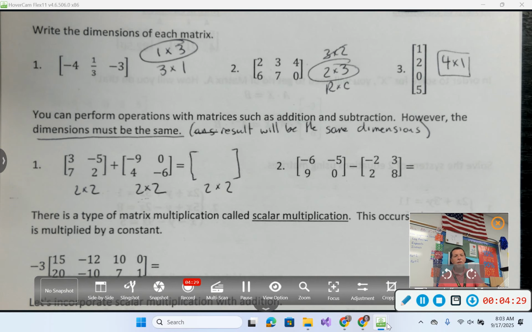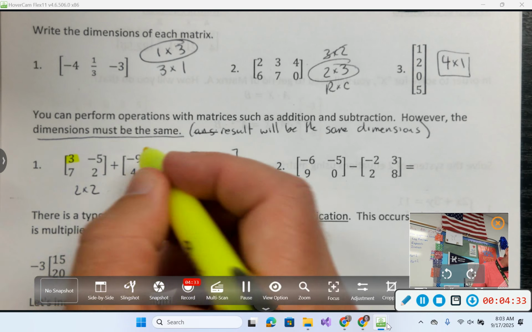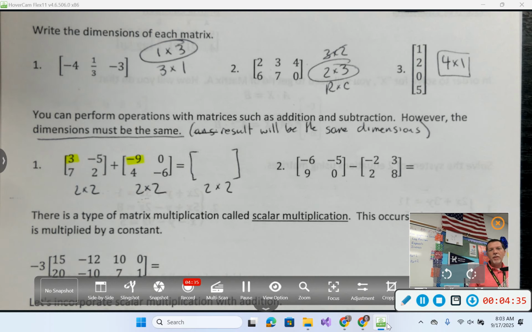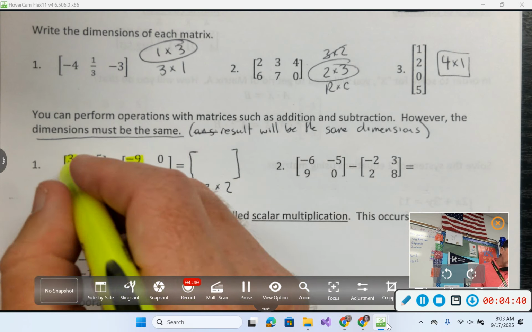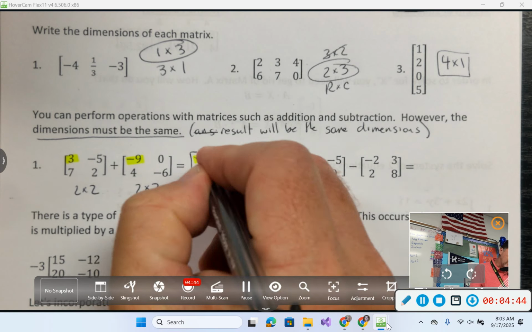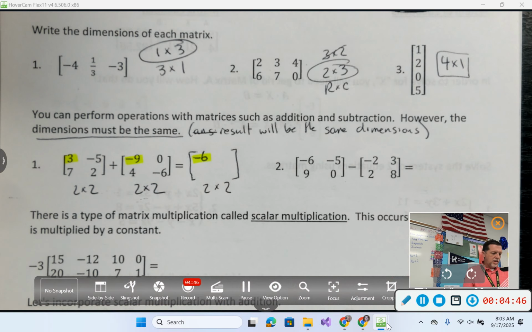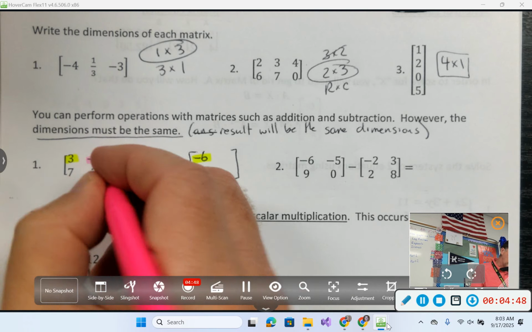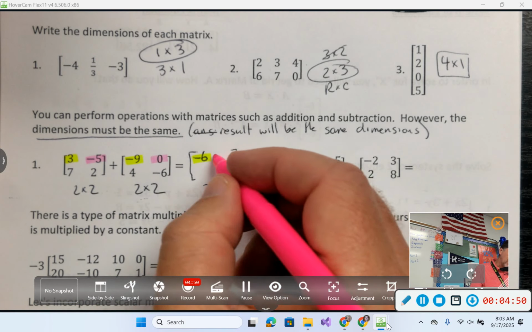And how you add them, you add them how you think you would add them. You're just going to add them by position. So 3 plus negative 9, top left plus top left goes top left. And top right plus top right goes top right.